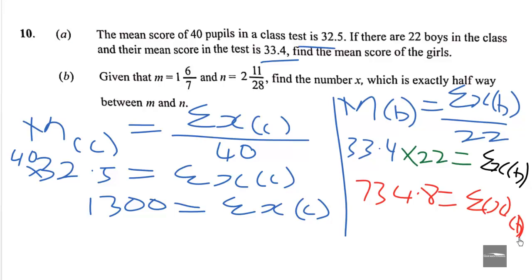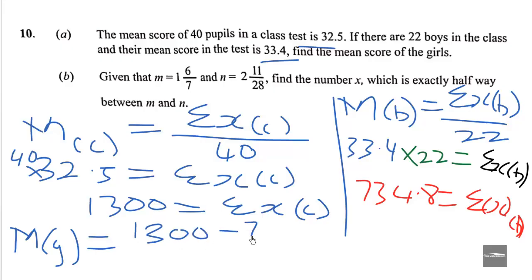Now we are asked to calculate the mean score of the girls. So the mean score of the girls will be equal to the total score of the girls, which will be the total score of the whole class, 1300, minus the total score of the boys, 734.8, all over 40 minus 22, which is 18.